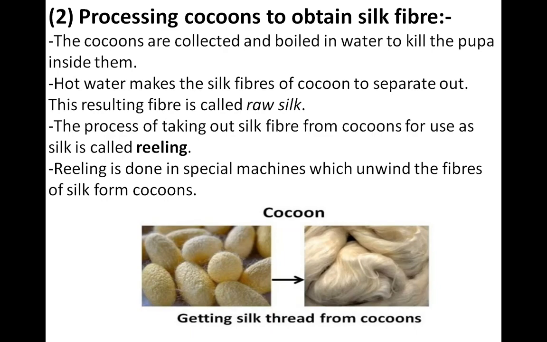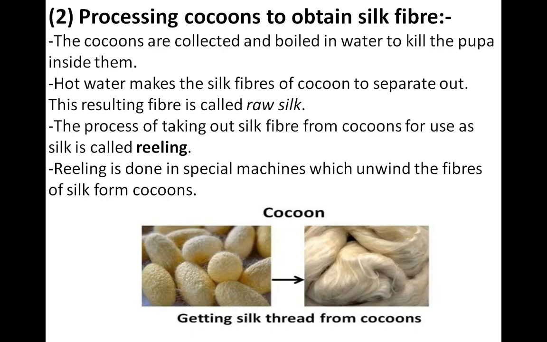That I have explained in the previous session, that we add the cocoon in boiling water and then unwind the silk fibers. So again, it is the same process, from cocoon to silk fiber. Here we have learned from silkworm to cocoon, cocoon to silk fiber.